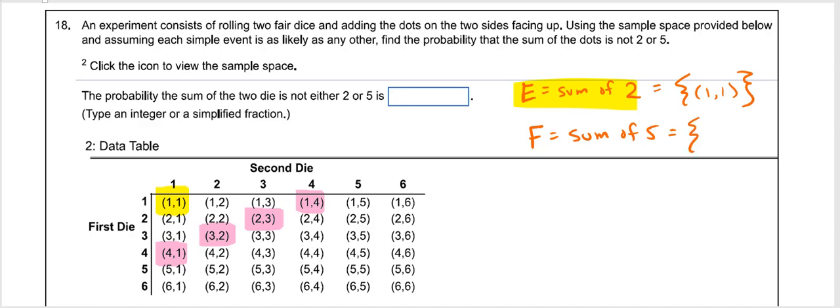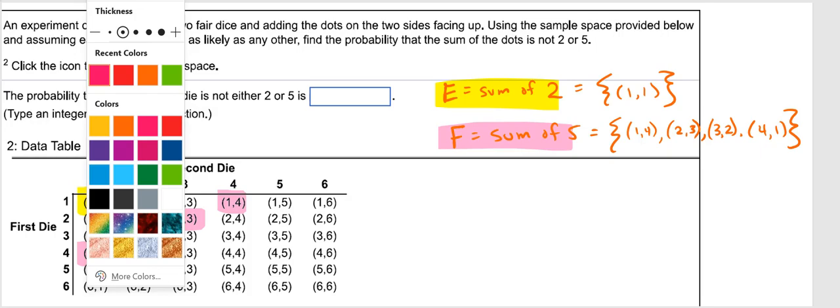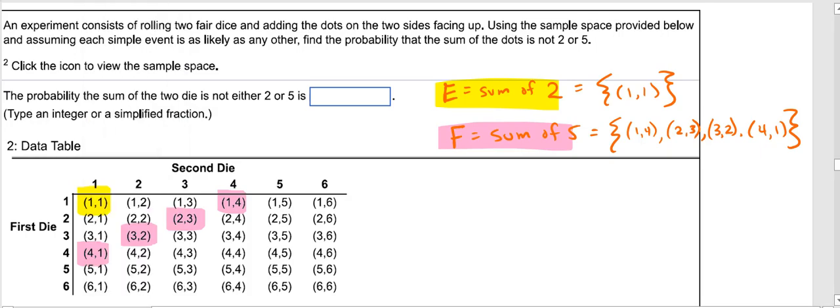So that's the set there in pink, which is 1, 4, 2, 3, 3, 2, and 4, 1. Okay, what does it ask us for? The probability that the sum is not 2 or 5.